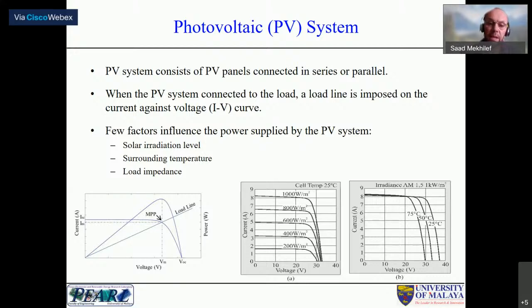So we need to operate our systems always at the MPP. These are the factors which influence the power: the solar irradiance level, which is clearly shown in this curve, the surrounding temperature, which affects the performance of the PV panels, and also the load dependence. The load also has an effect on the output power of the PV panels.